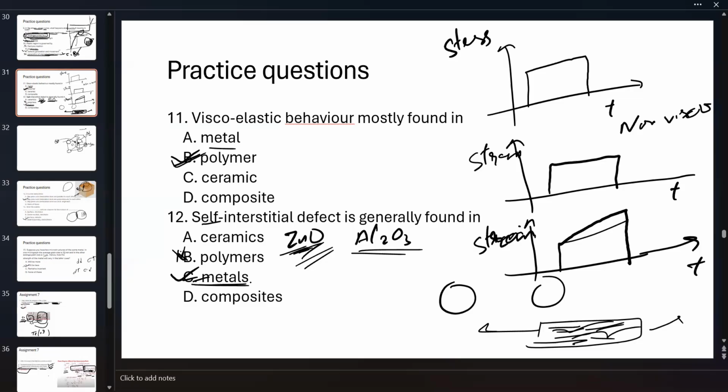In metals, since all of them have the same radius, all the atoms are sitting on what you call lattice positions.